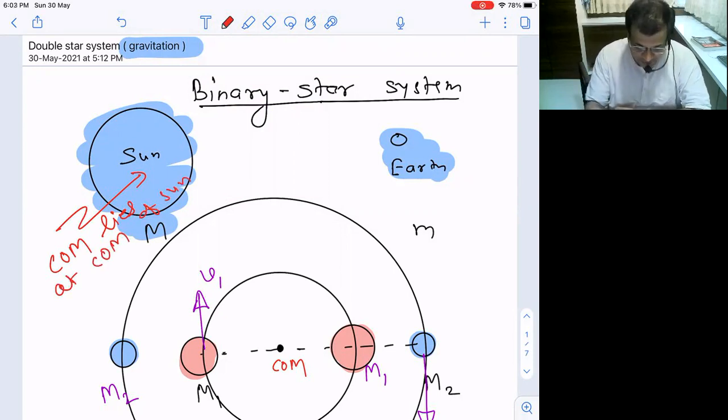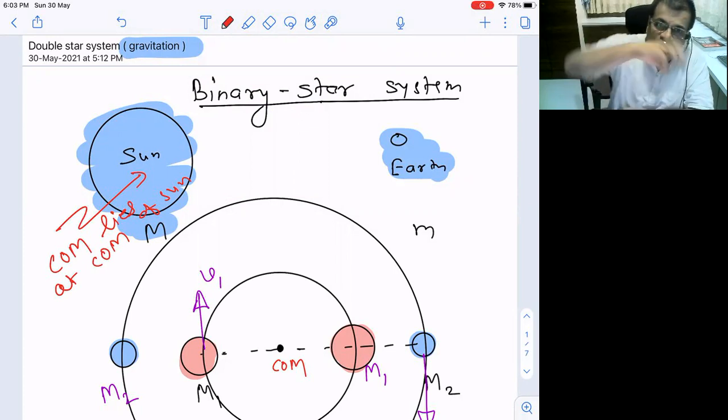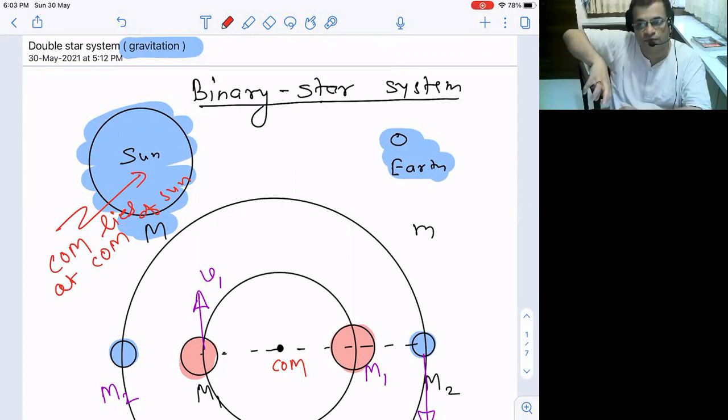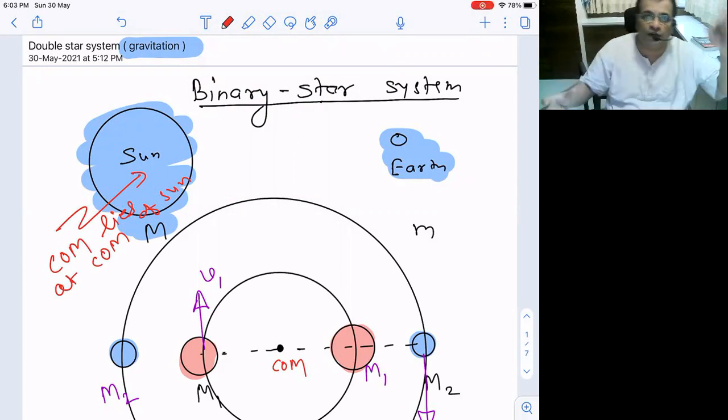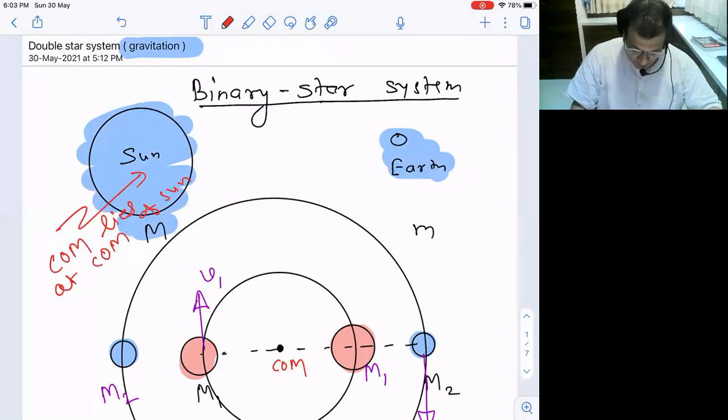Therefore, in this case, earth rotates about the sun. There is nothing like the sun and earth rotating about each other.